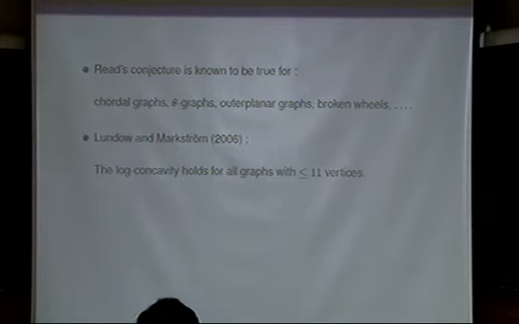There are a lot of partial results for Read's conjecture, known for many classes of graphs. And recently, Lundow and Markström verified computationally that Read's conjecture holds for all graphs with at most 11 vertices, which is a serious computation, not only because there are a lot of graphs with 11 vertices, but even when you're given just one graph, it is not so easy to calculate its chromatic polynomial.